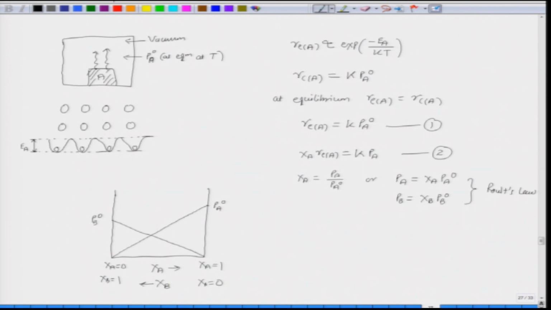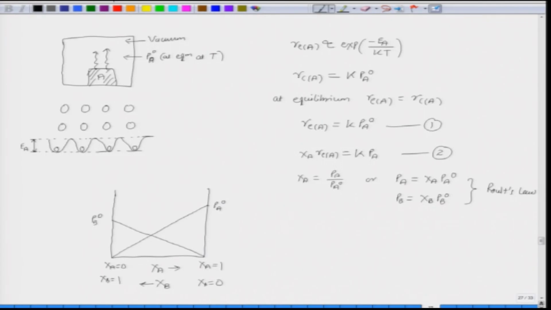This can happen when either there are no interactions between A and B, or the interactions between A and B are the same as between A and A or between B and B. So the interactions are the same. In this case we call it an ideal solution or Raoultian solution. Basically, ideal solutions are characterized by no interactions between the atoms or all the interactions being the same.